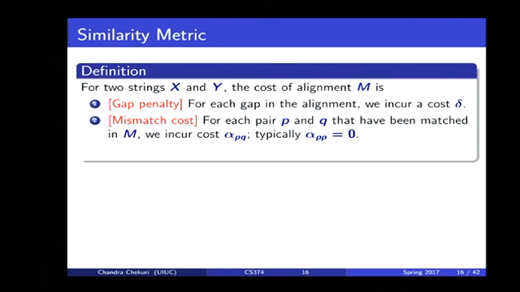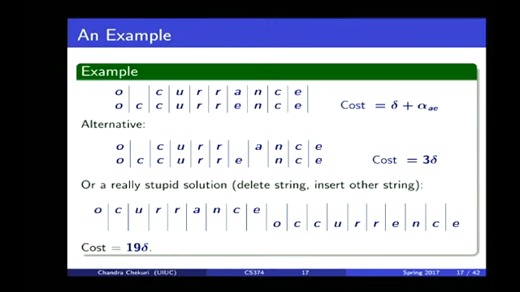Now, an even more general problem. And what is the edit distance case? When all the delta and alpha PQ are 1, gaps and everything is 1. Here is an example. I have two strings, occurrence and occurrence. What is the cost I pay with this alignment?